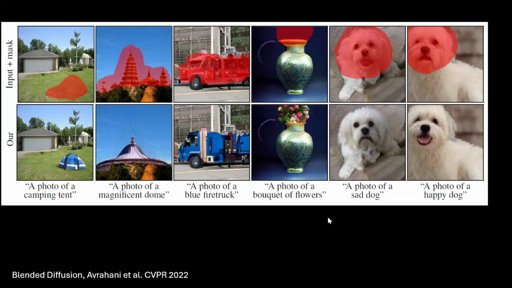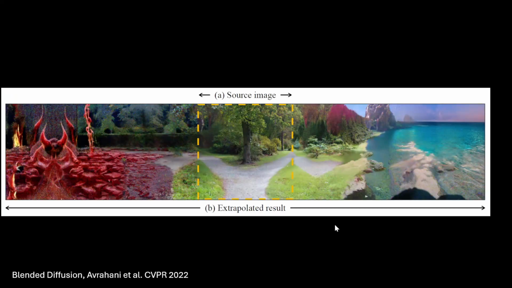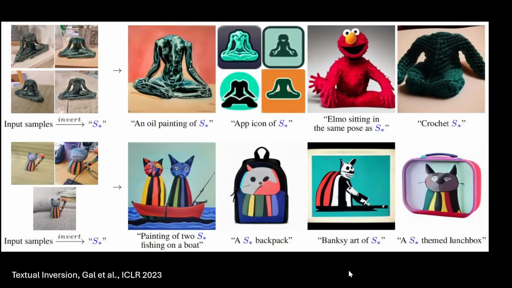This is actually the same kind of thing I was just showing you, inpainting and outpainting. So this is textual inversion, right? The idea is that you show it a bunch of examples on the left of some item that is not an easy to describe item, right? And then with only a few examples, like 10 or 15, now you can use this special token, S star, that you can ask for an oil painting of this, an app icon of it, Elmo in this pose.